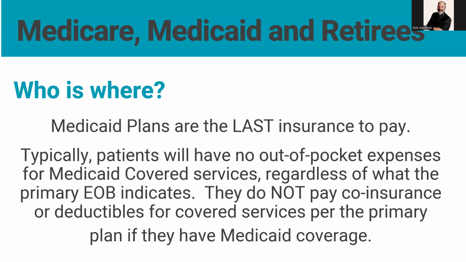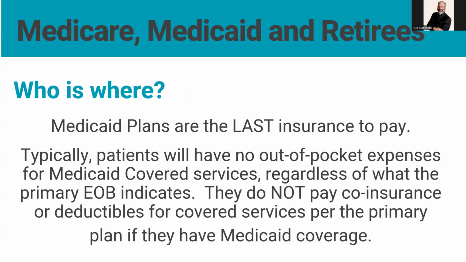So you may run into a scenario where the primary allowance is $80. They say we're applying a $25 deductible and we're paying $55. But then the Medicaid allowance is $55. So Medicaid says we're paying nothing because the primary paid our allowance or more. And you think, well, at least I can collect that $25 deductible from the patient, but you can't.